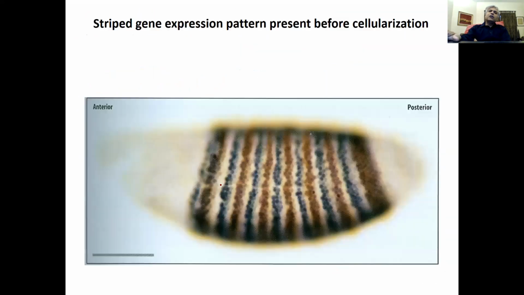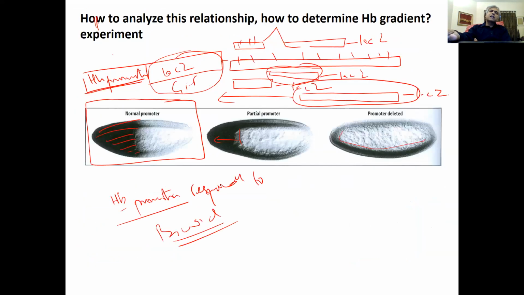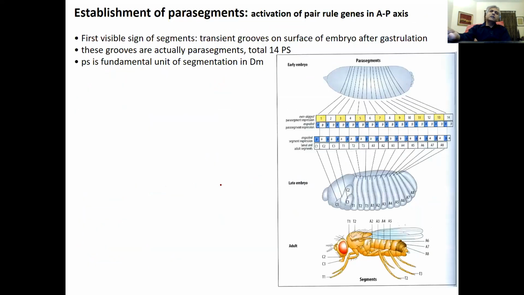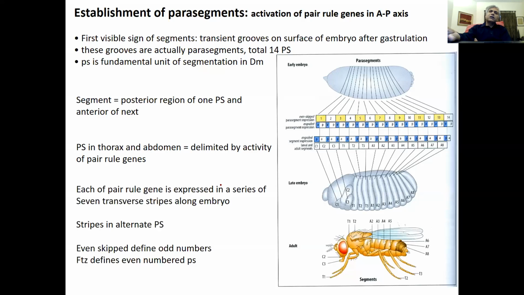Now, after gap genes come segmentation genes. But before we go there, let's first learn what a segment is in fruit flies. This is very important.